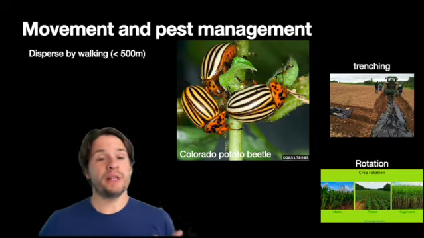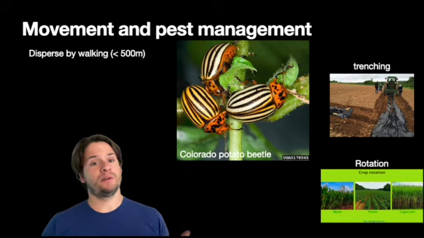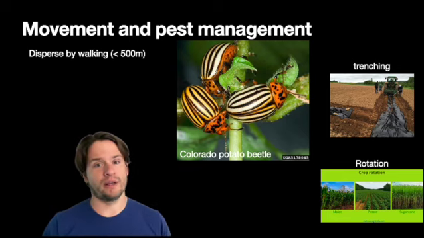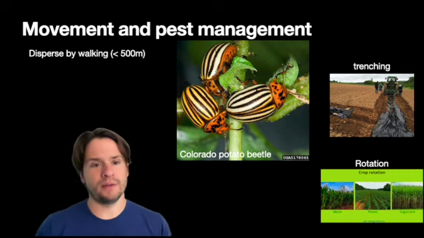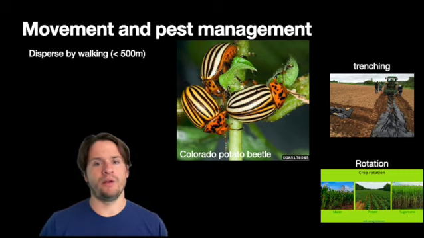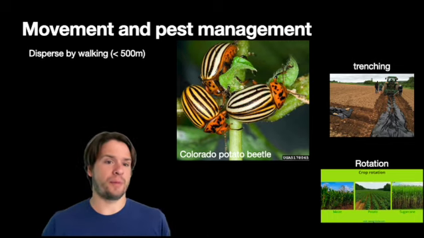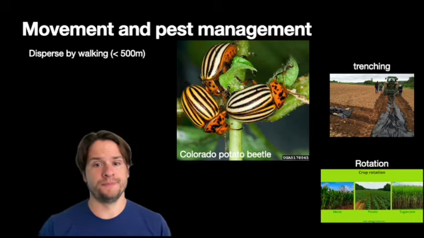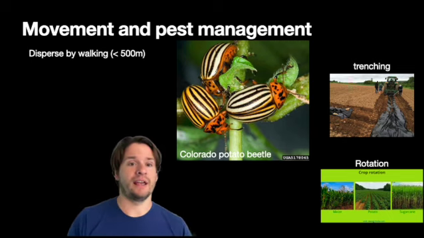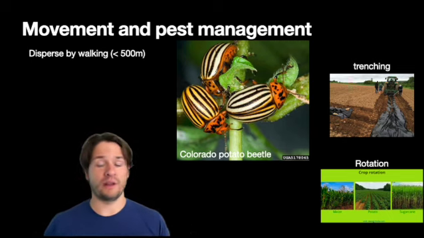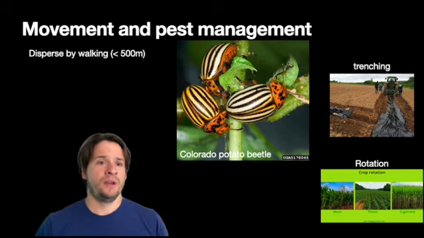But of course, movement and migration and dispersal are also critically important for practical concerns like pest control. So here's one example, the Colorado potato beetle, which we care a lot about here in our local environment, a very important pest of potatoes and other species here in Wisconsin.